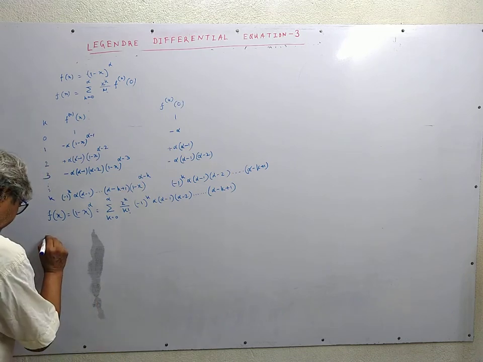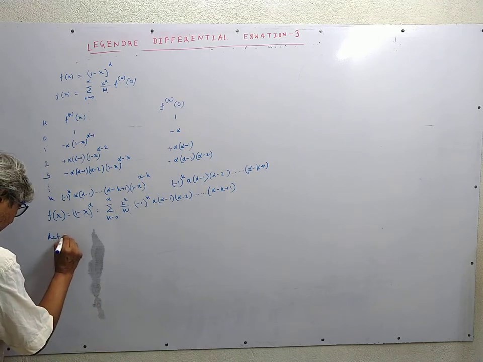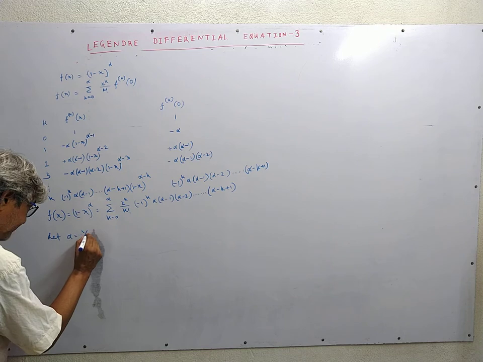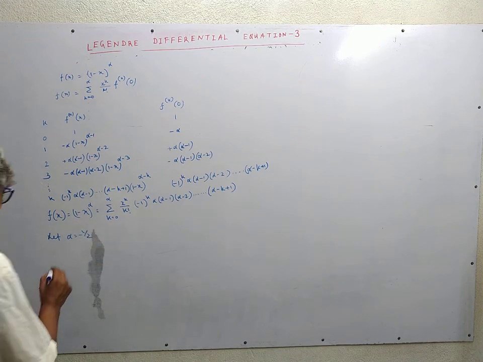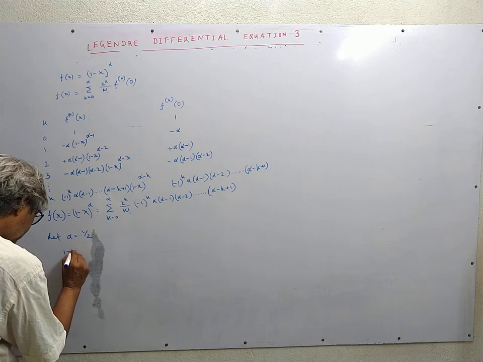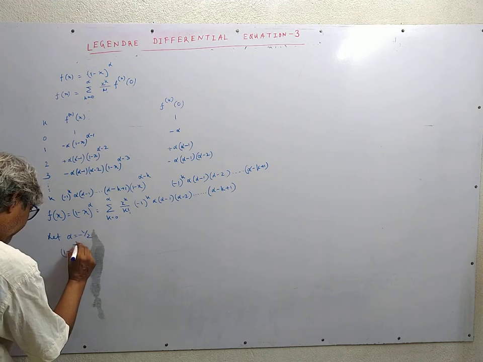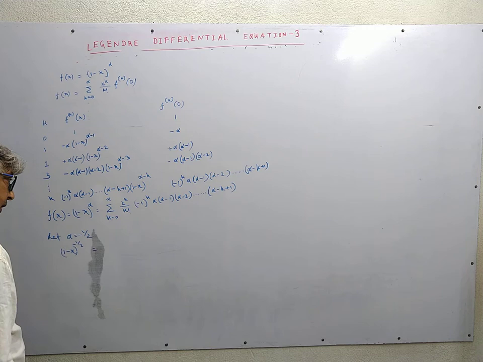Let us consider a special case. Let alpha be equal to minus half, in which case we have 1 minus x to the power minus half equal to the series.